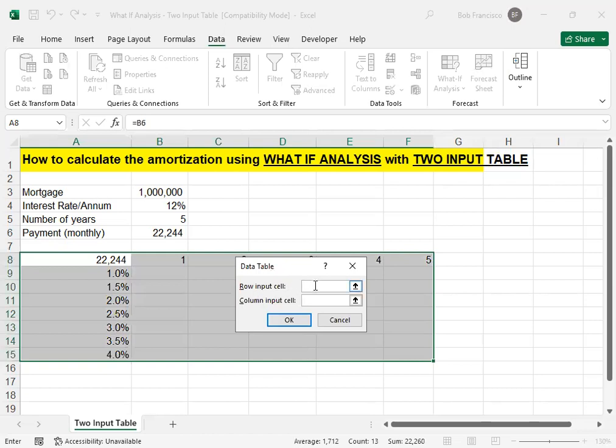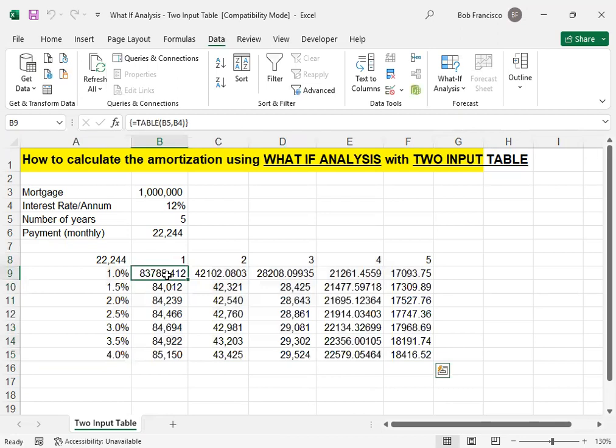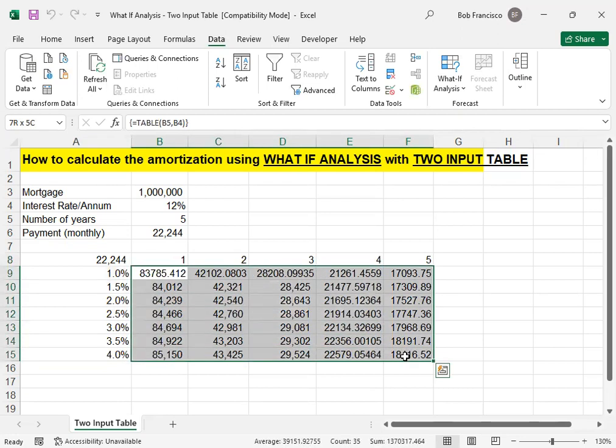So the row input is the term, the 5 years term. So I'm going to click this 5 years, then column. The column is the interest rates. So I'm going to click the interest rate per annum of 12%, then click OK. All right. So, okay.